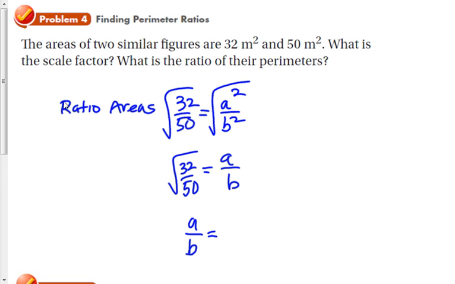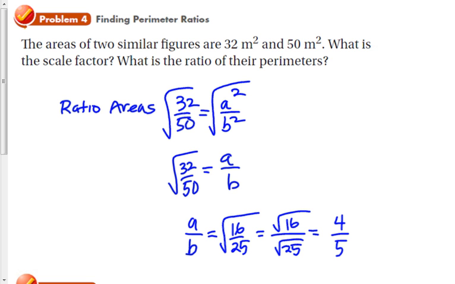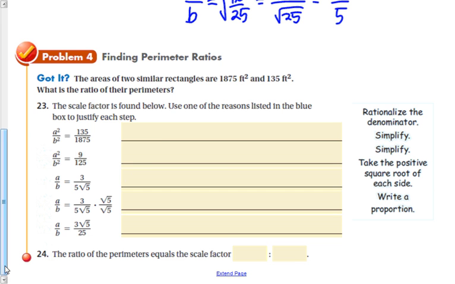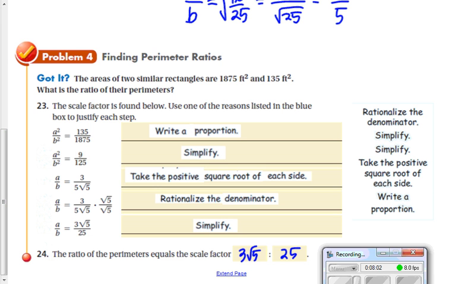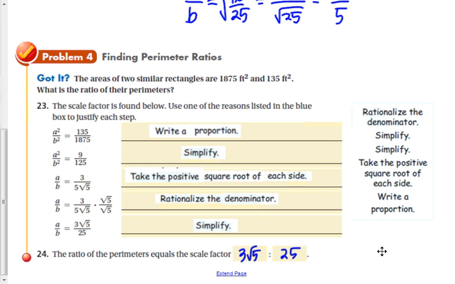I can factor out 2 from both of those, and that gives me 16 over 25. Then I can take the square root of the numerator and denominator separately. The square root of 16 is 4, the square root of 25 is 5. So the scale factor between these two similar figures is 4/5. All right, you try that. All right, we're up to the lesson check. Go ahead and do that, and we'll talk about it next time we meet in class.